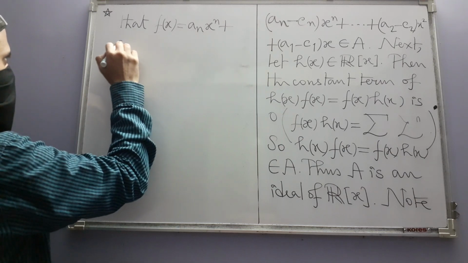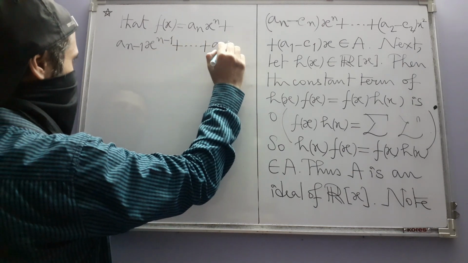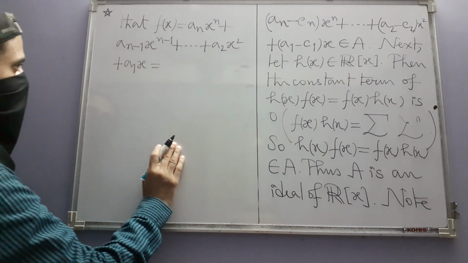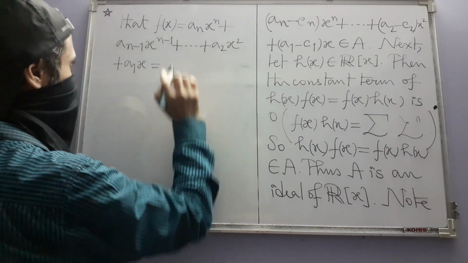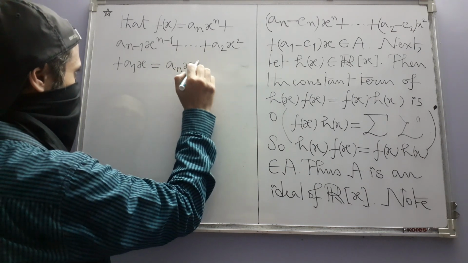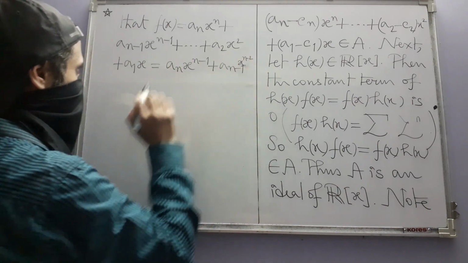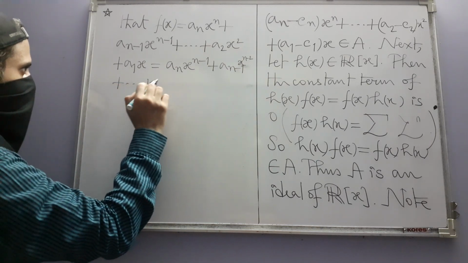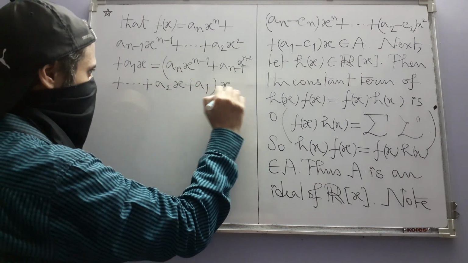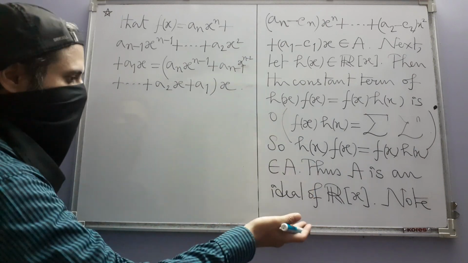Let me just write the next term also, plus a2 x square plus a1 x, and you can clearly see that you can take x common out, so to speak, and write this thing as this product, a n x to the power n minus 1 plus a n minus 1 times x to the power n minus 2 up to a2 x plus a1, times x, where of course this other polynomial is again coming from our ring.